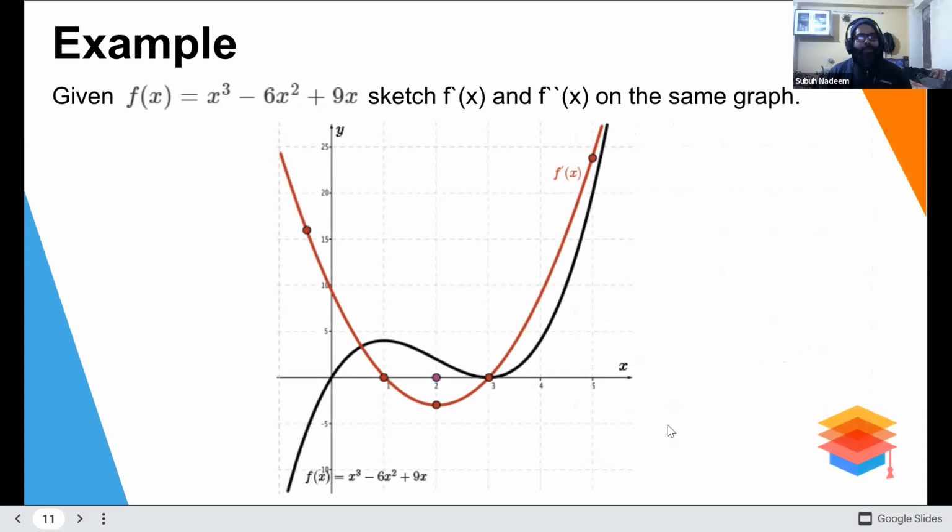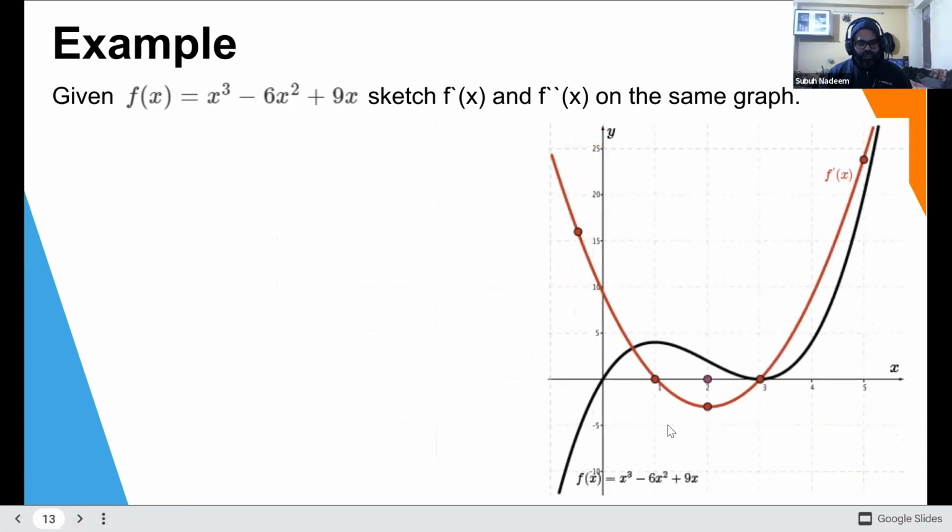This is how they have sketched f dash x first. You can see that where the black one has a maxima, the red one intersects the x-axis, and where the black one has minima, the red one also intersects the x-axis.